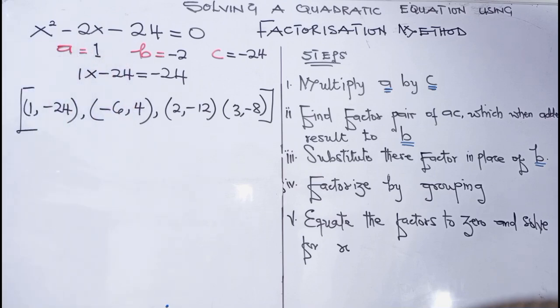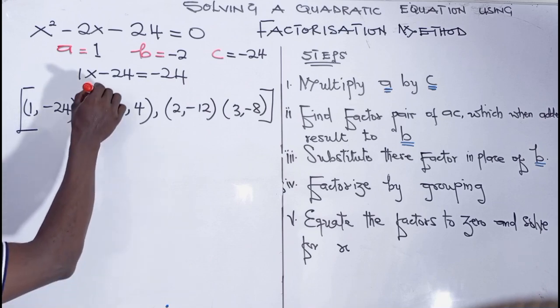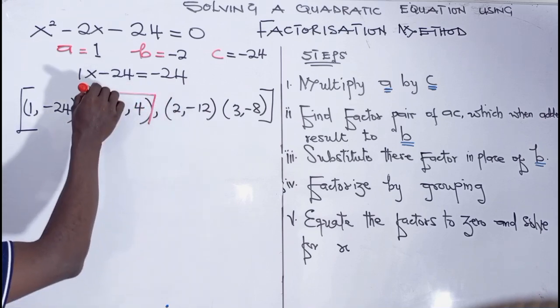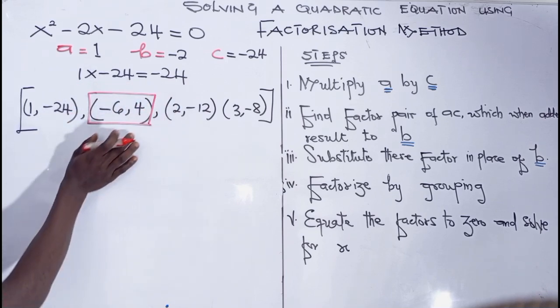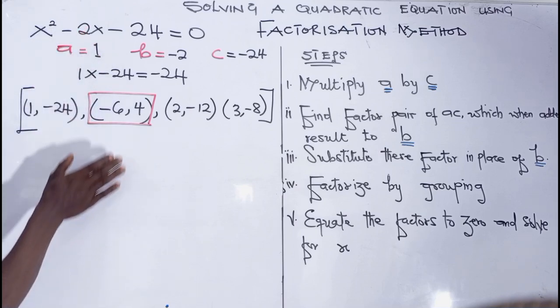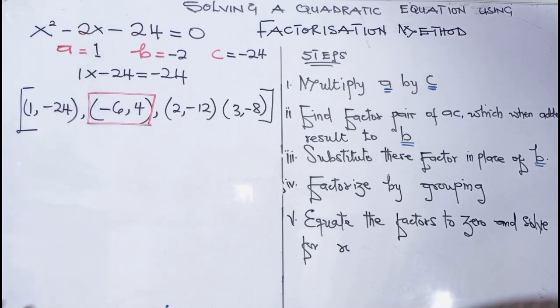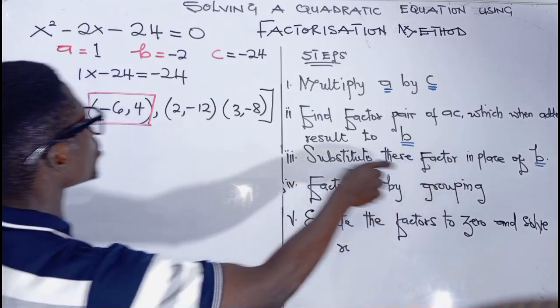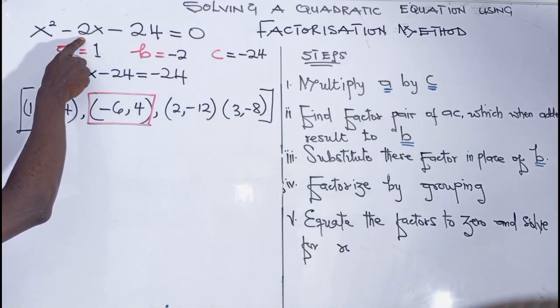Now we can see that when we add these two factor pairs, when we add them together, we are going to get what? Minus 2. Now once we get these two factor pairs, we are going to substitute the factor pair in place of what? B, which is this.